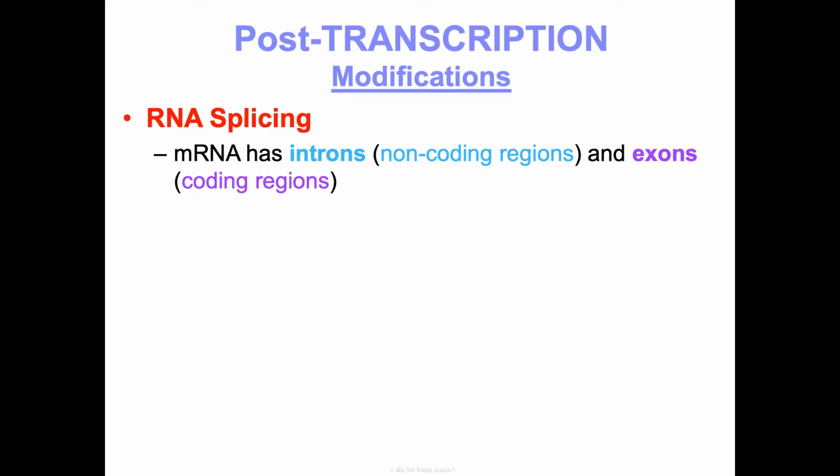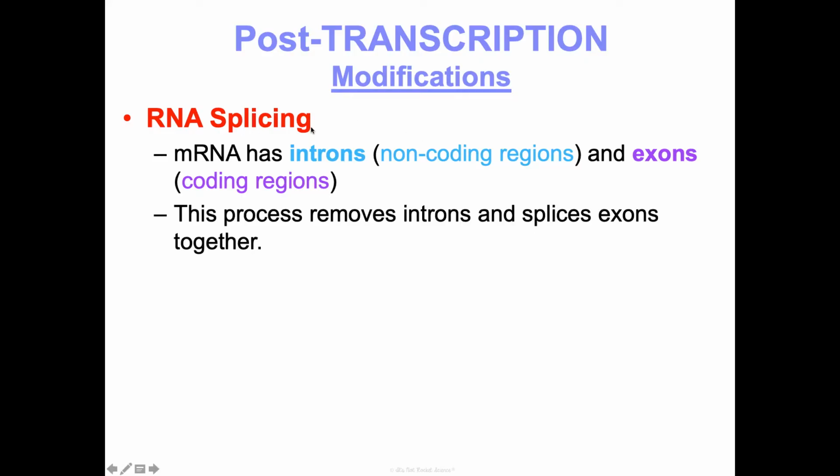I think of introns as interrupting the sequence, and exons are the expressed regions. They're what we actually need instruction-wise. And so what RNA splicing is going to do is snip out those introns and splice together those exons.